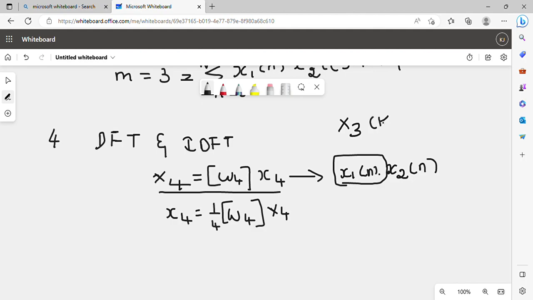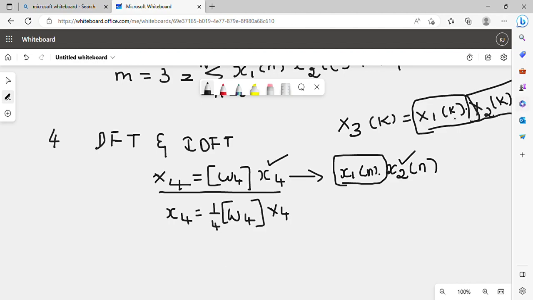What is your x3 of k? Your x3 of k is equal to x1 of k into x2 of k. Your two given sequences are x1 of n and x2 of n. For x1 of n you find x1 of k using this formula, and for x2 of n you find x2 of k using this formula.